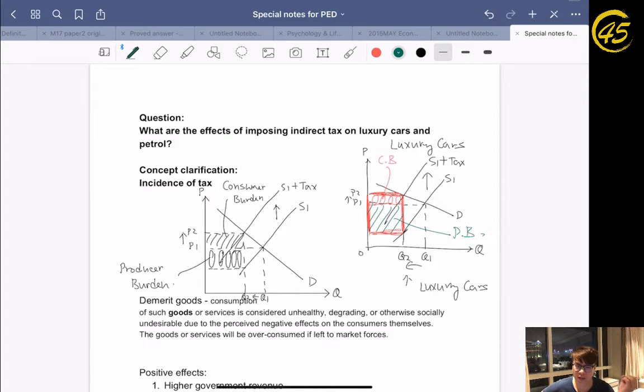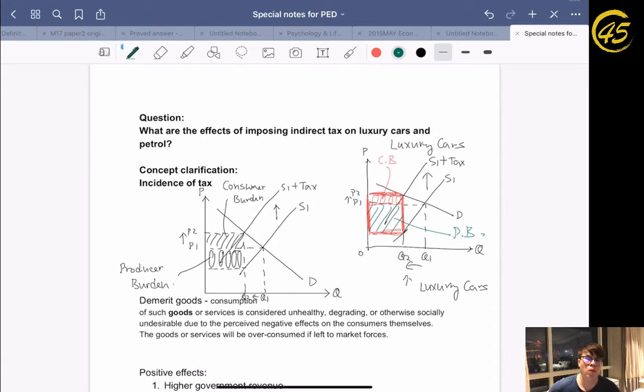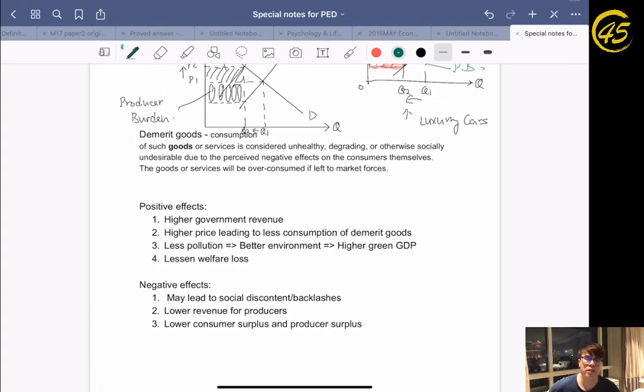This is a definition that I copied from Google, so you can try to memorize it. If it is too long, you can just memorize the definition in my notes. A demerit good is something that is harmful or unhealthy to the individuals who use it, or harmful to the society when it is used. Here we want to know the effects of imposing the indirect tax. It has both positive and negative effects.